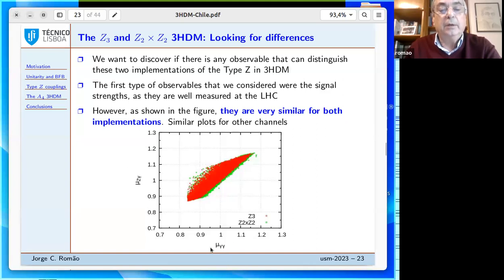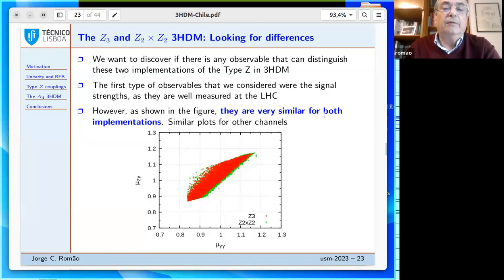Here I'm plotting the mu with the final state gamma gamma and the final state Z gamma, but this is similar also for the other channels. I mean, we have plotted every channel against every channel, and you did not find any difference in these plots, which means that you cannot really distinguish these two cases of the type Z implementation.